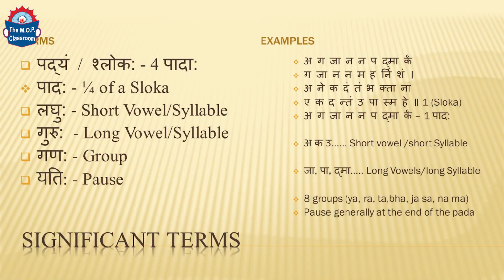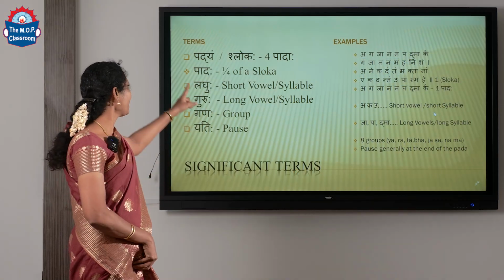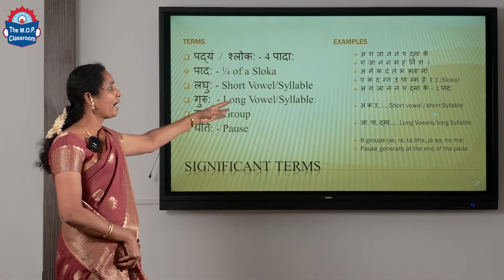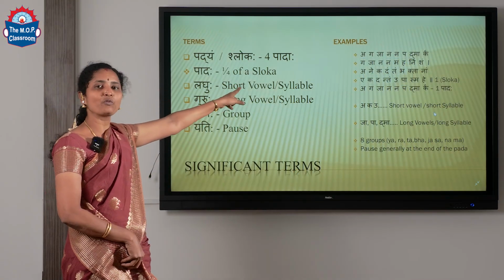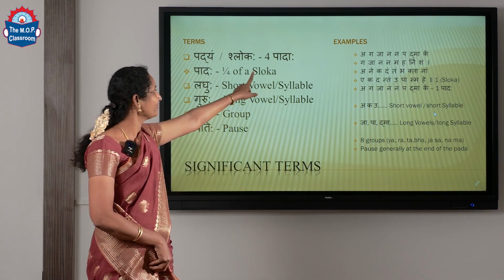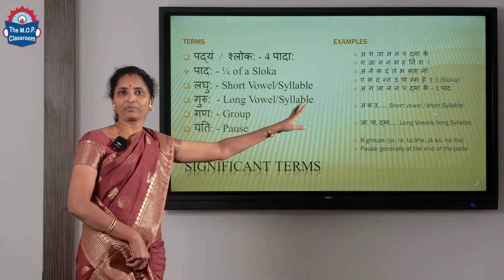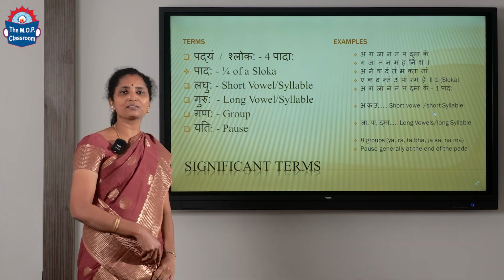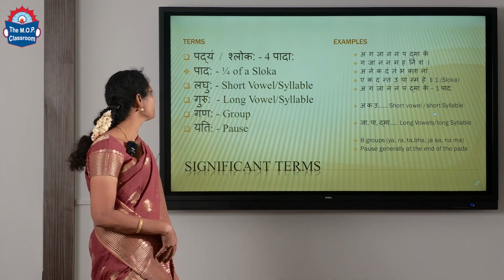In the example, there are 4 lines in the shloka: Agajanana Padmarkam, Gajananam Aharnisham, Anekadantam Bhaktanam, Ekadantam Upasmahe. All together, it is one shloka, which we call a Padyam. But a pada is 1/4 of that, only one line. Agajanana Padmarkam, that one line is called a pada.